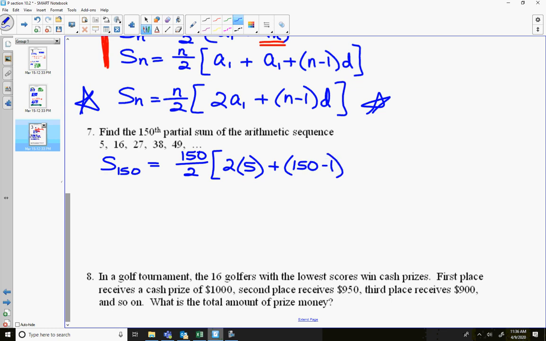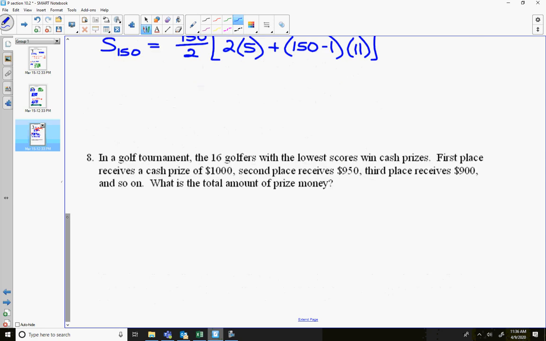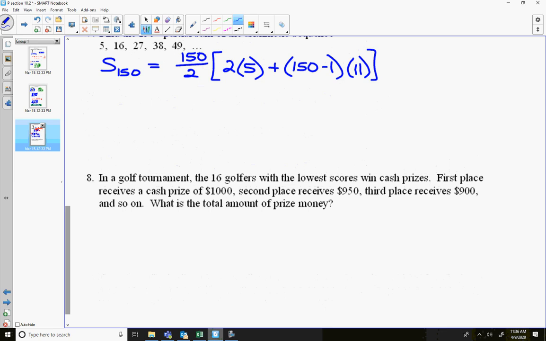And what is our common difference? Any term minus the one before it, every single one of them should give us an answer of 11. If we don't get the same answer, either we screwed up or it is not an arithmetic sequence, in which case the formula doesn't work anyway, because it has to be an arithmetic sequence for this formula to apply.